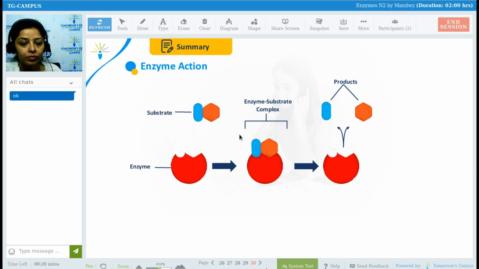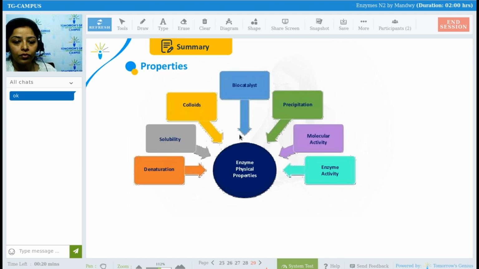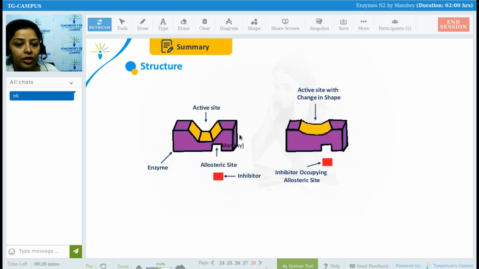Okay. So here, where is the structure? This is your allosteric site. In allosteric inhibition, after the enzyme substrate complex forms, the reaction takes place and product forms, and continuously this process is going on and the product is getting accumulated.